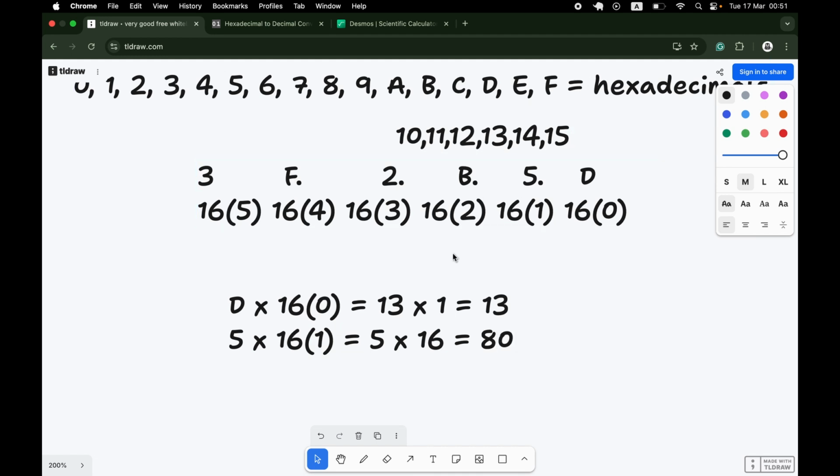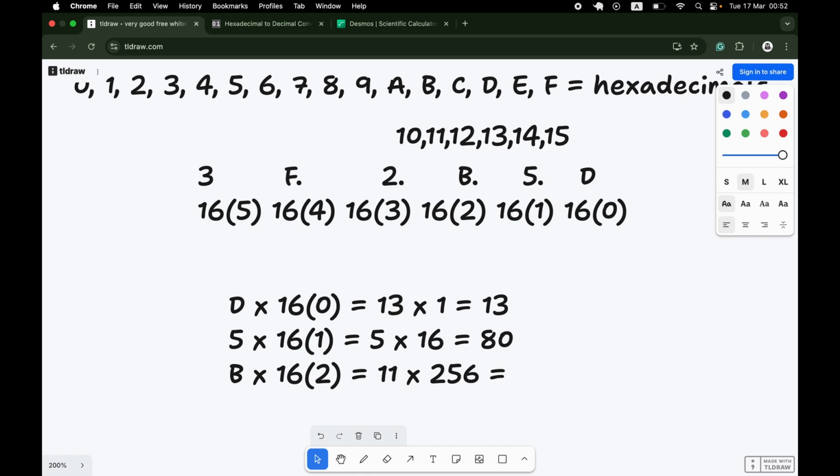For B, the value is 11, multiplied by 16 squared. The value of 16 squared is 256.